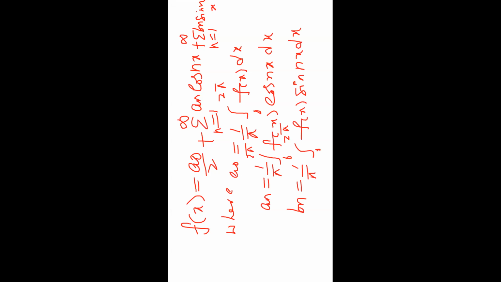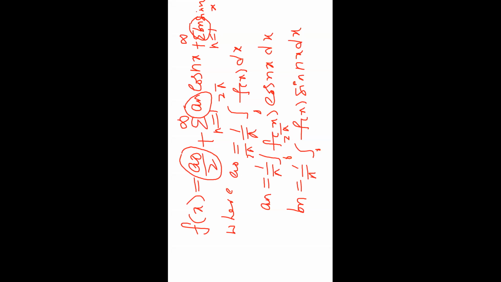It is called the Euler's formula. So in the expression, we have to find three values. It is the full range equation. Find a naught, an, bn. These three values we have to find. This equation is called the full range Fourier series equation.